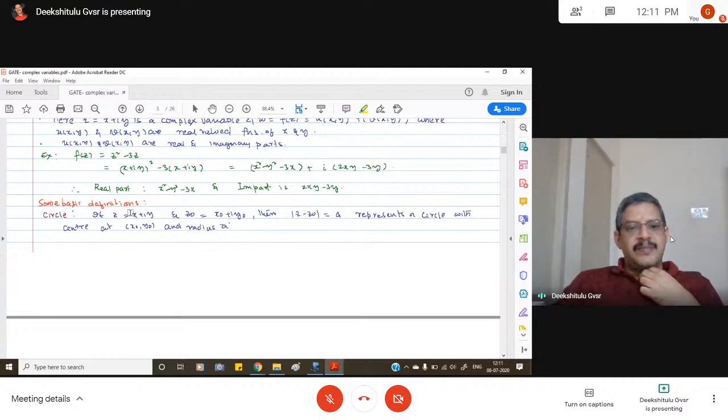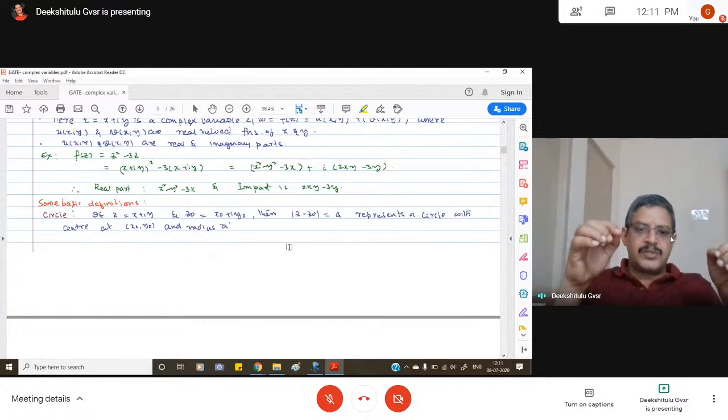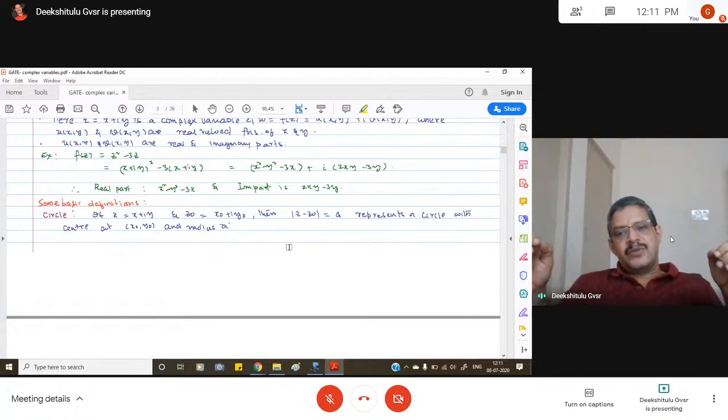The real part is x minus x naught, plus i into (y minus y naught). Then what is its magnitude? The square root of (x minus x naught) whole square plus (y minus y naught) whole square. If you square both sides, (x minus x naught) square plus (y minus y naught) square is equal to a square. That is the equation of the circle centered at (x naught, y naught) and radius a.